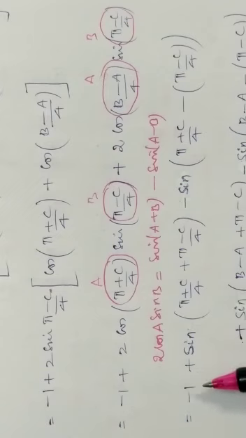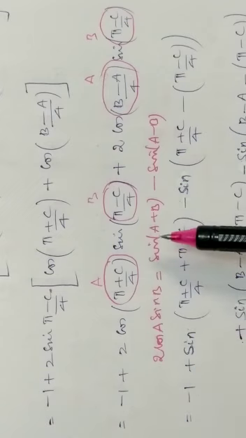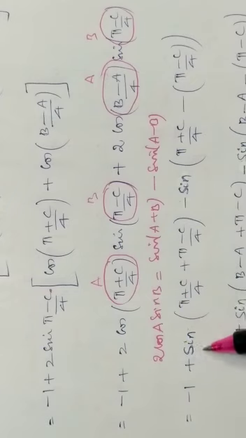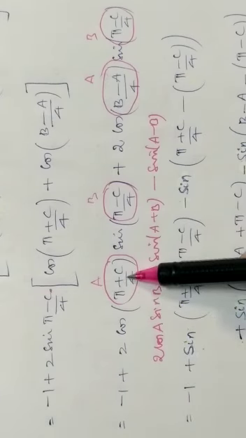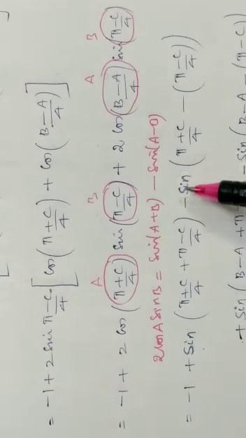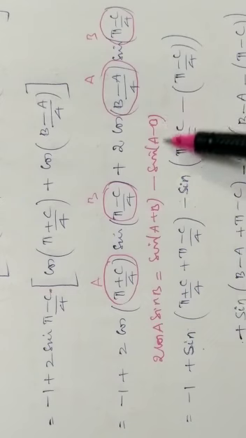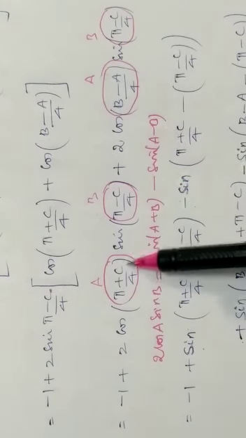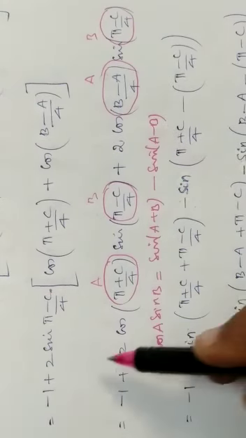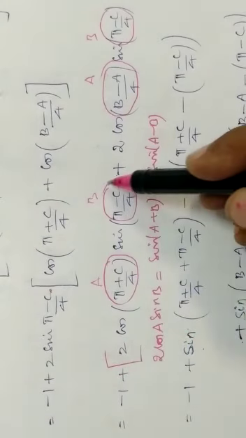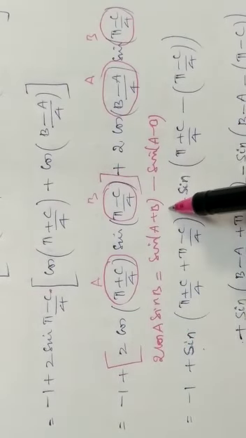So −1 as it is, plus sin(A+B) minus sin(A−B). For this we have to use the formula once.